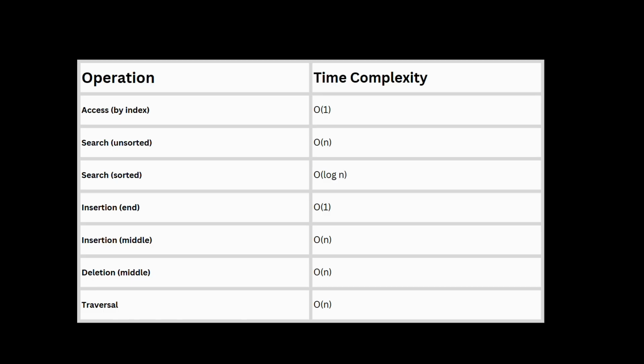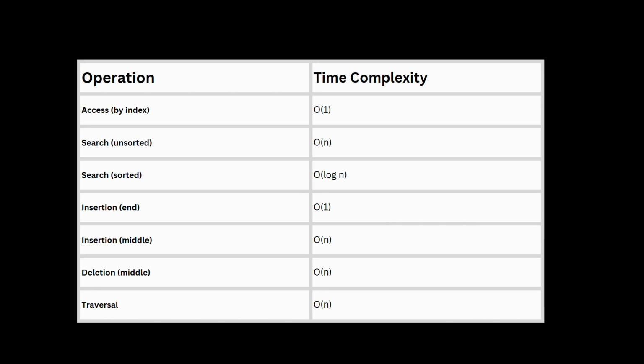For sorted arrays, the best example is binary search. Order of n is linear search, and order of log n is the time complexity of binary search. So we can divide the element size of an array and just check whether the element is present in that array or the sub array.